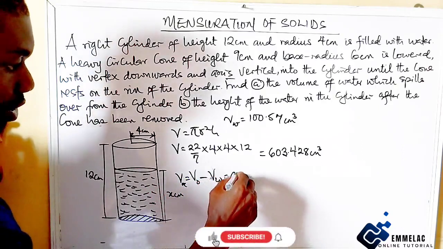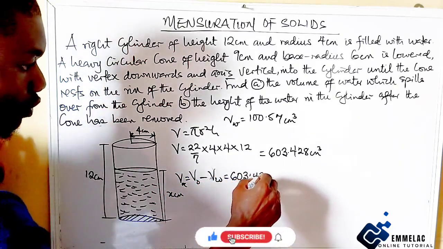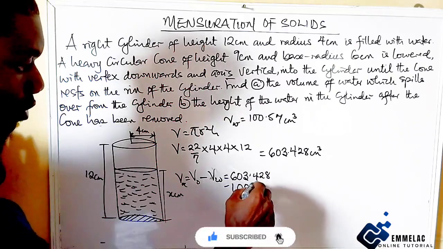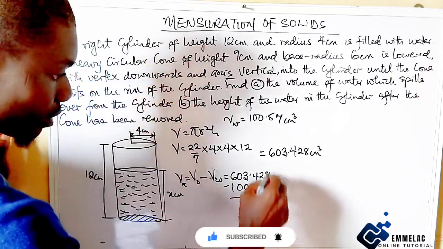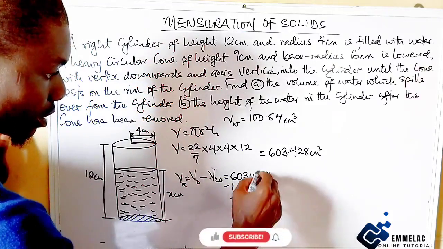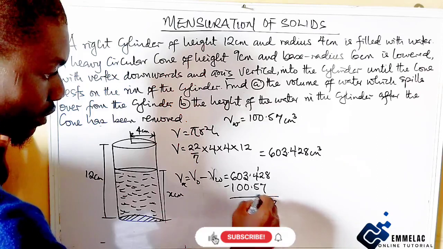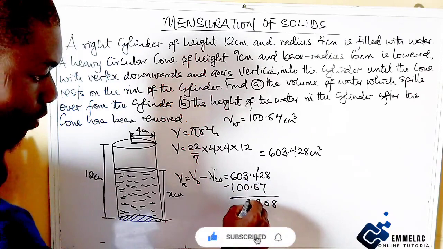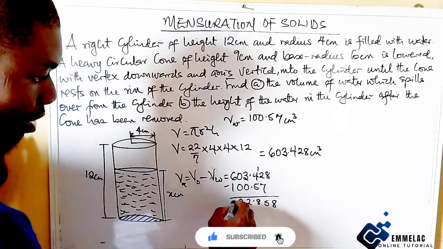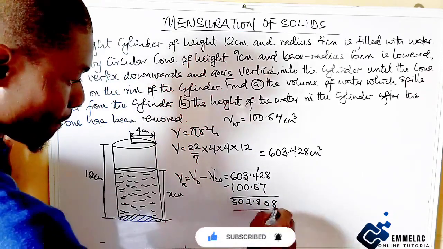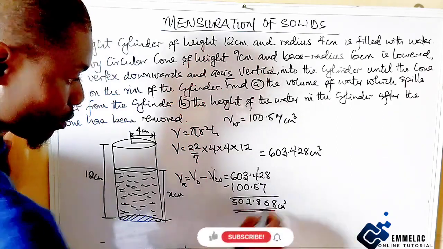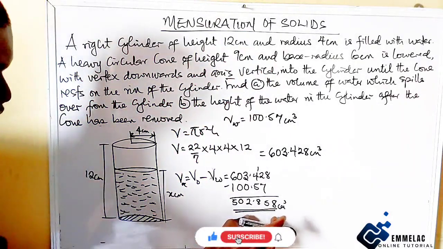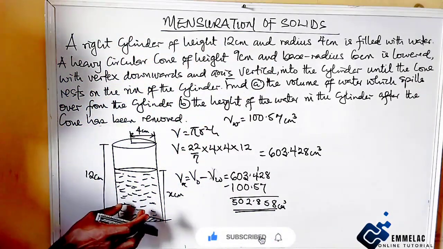So here you have 603.428 minus 100.57. That gives 502.858, approximately, centimeter cube.